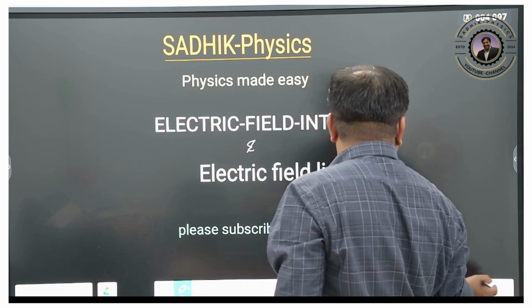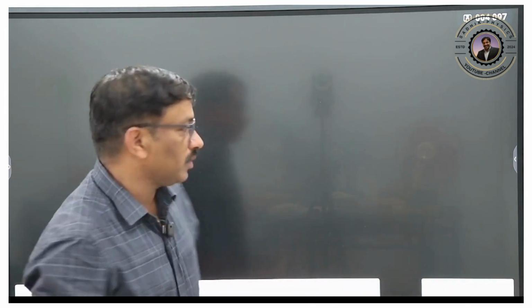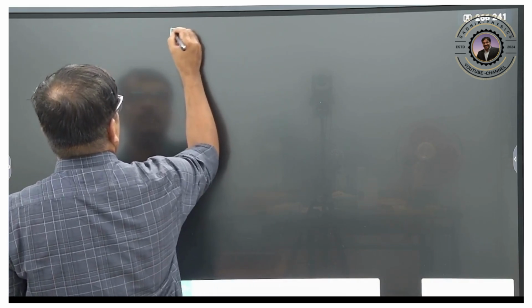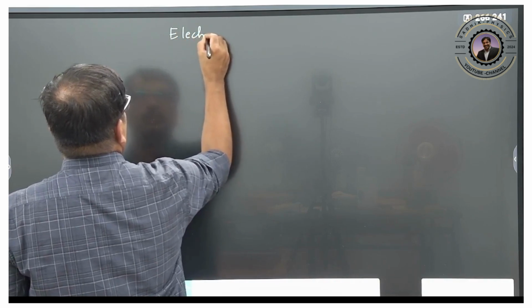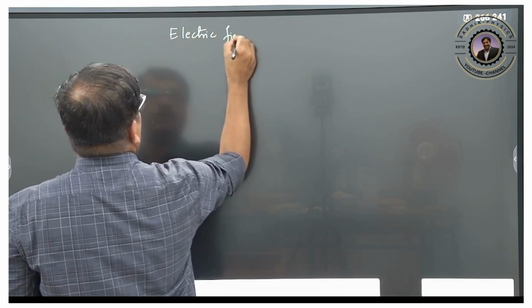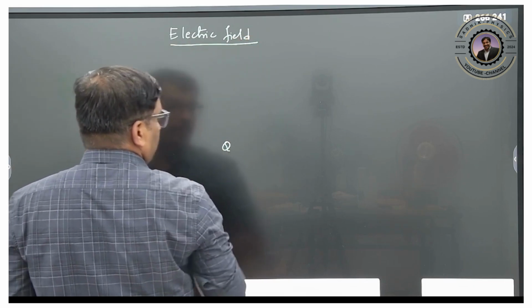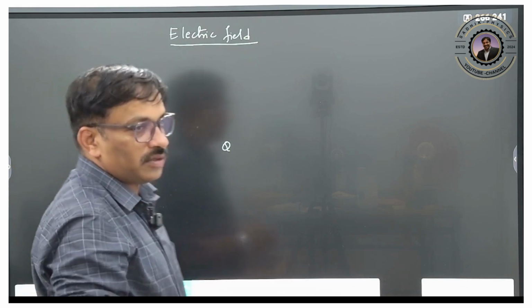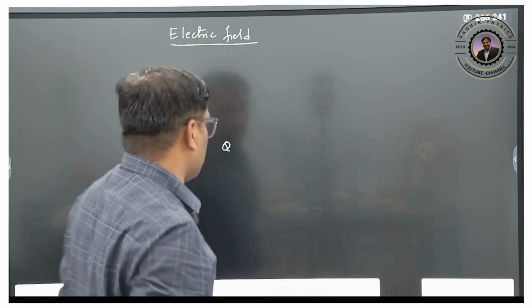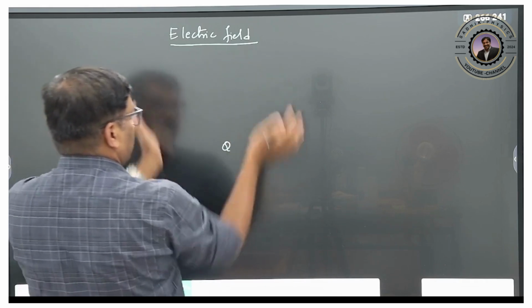So now we'll go to what the electric field is. What is meant by electric field? Suppose there is one charge. This charge is going to influence a certain region.